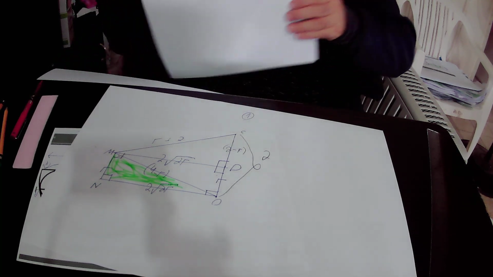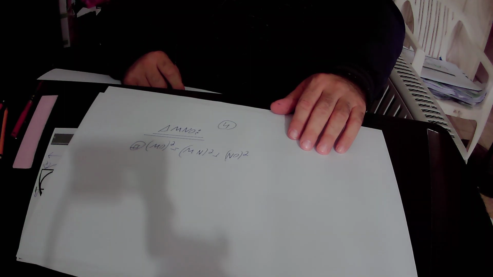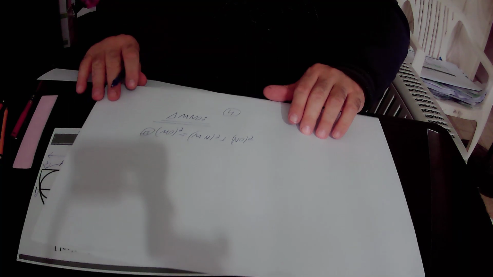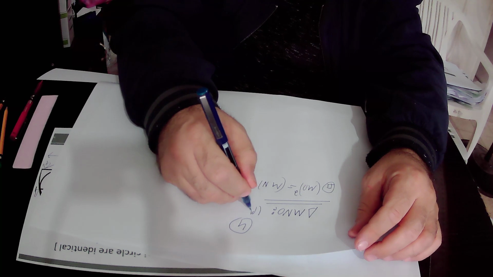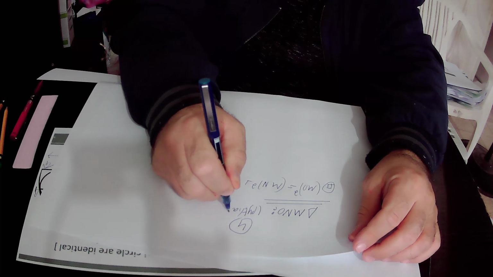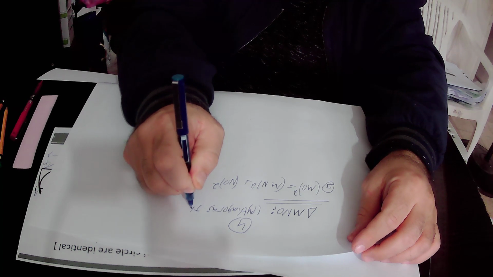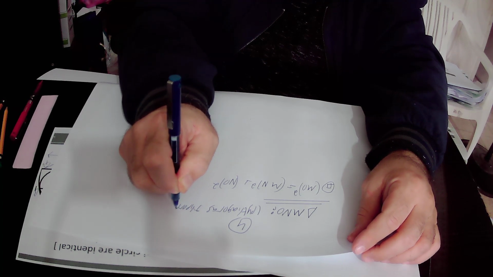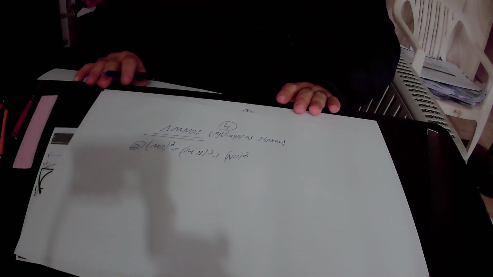I will repeat again. In the right green triangle, according to the Pythagoras theorem, the square of the hypotenuse equals the sum of the squares of the perpendiculars.